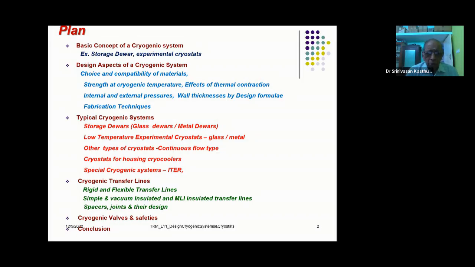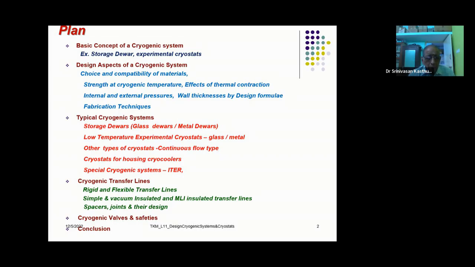Now we will move on to the typical cryogenic systems. A basic cryogenic system can be a storage device, first of all. It can be a glass device or a metal device. So we'll discuss the design of such systems.